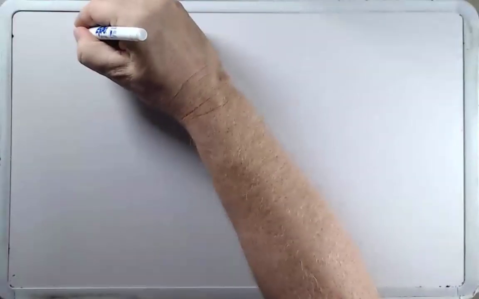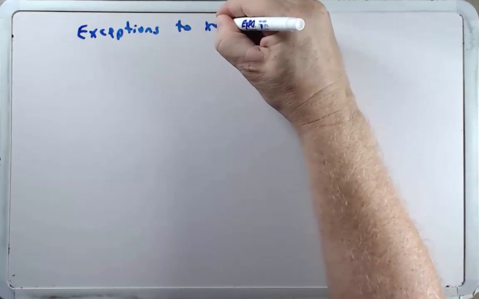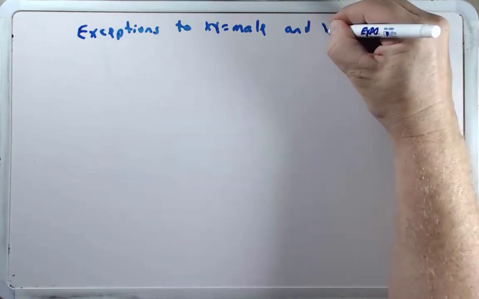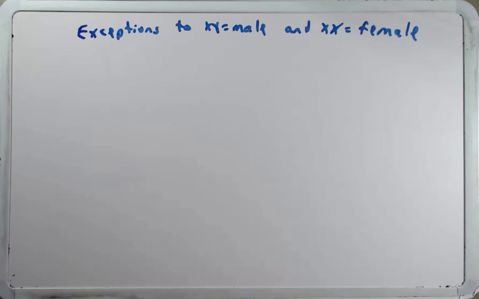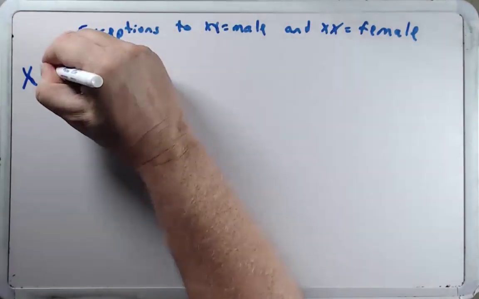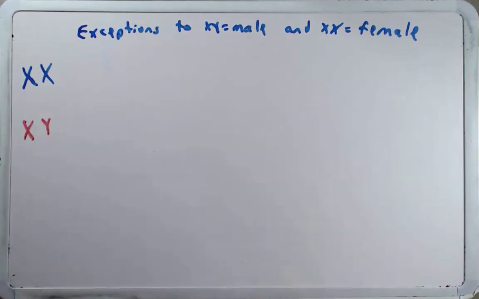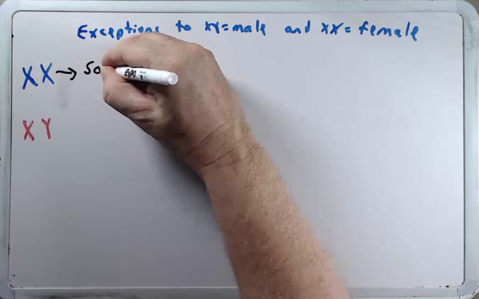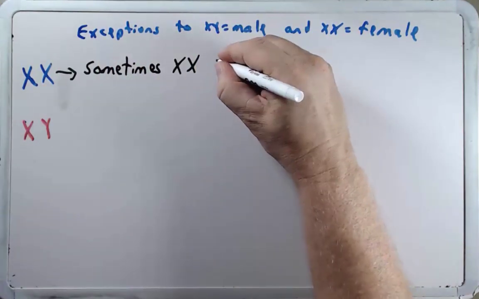I want to talk about some exceptions to XY equals male and XX equals female. Earlier, I mentioned XX individuals are usually female and XY individuals are usually male. However, what I'd like to talk about on this board is that sometimes XX individuals are male.